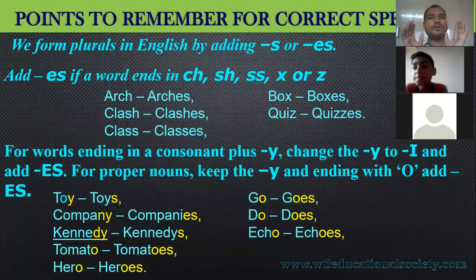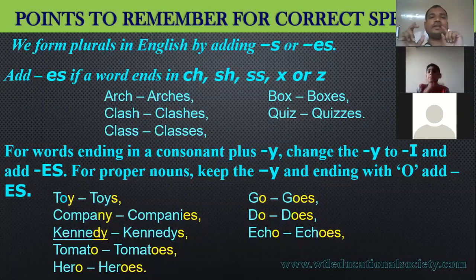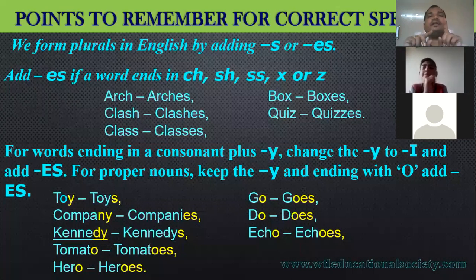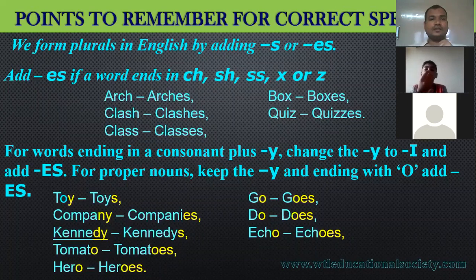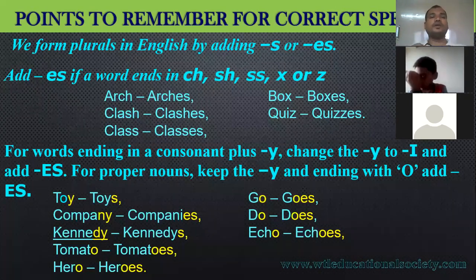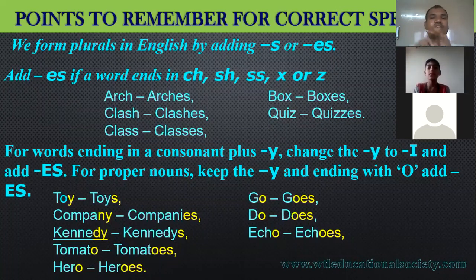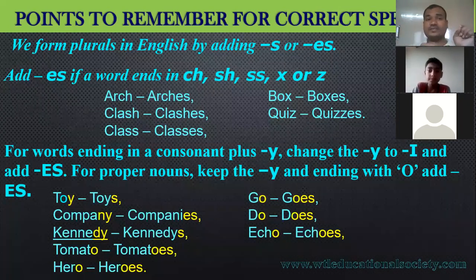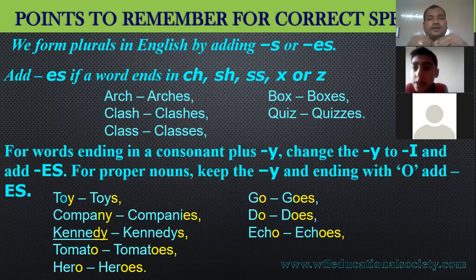If you want to make any plural out of the singular, we can add either S or ES to the base word. For example, if the word ends with ch, sh, ss, x or z, in that case you have to add ES to the singular to make the plural.